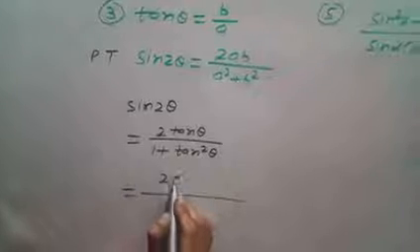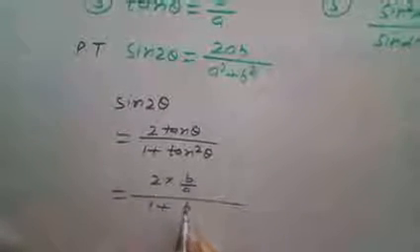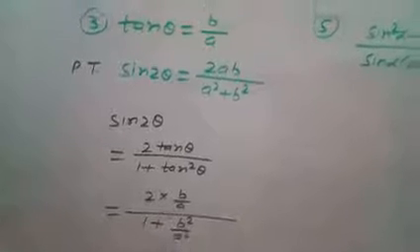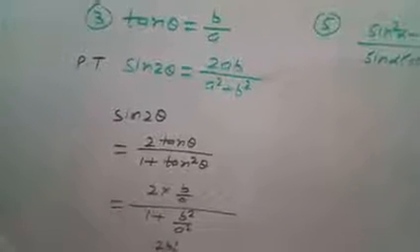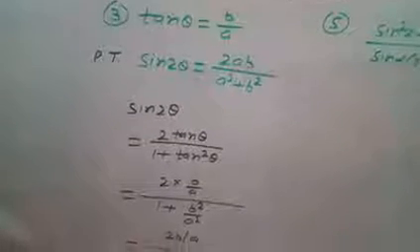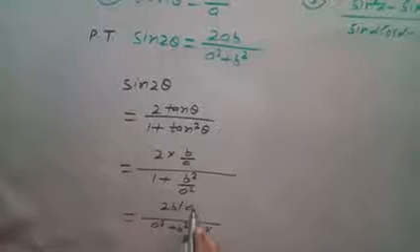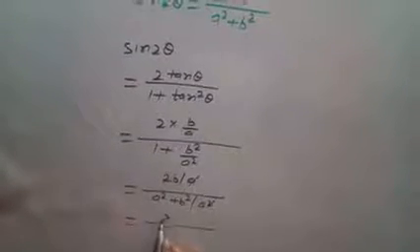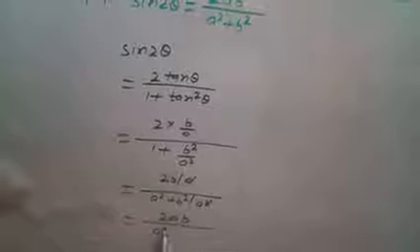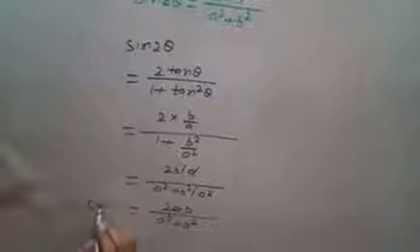So 2, the value of tan theta is b by a, and here 1 plus b square upon a square. So that is 2b by a, and here a square plus b square upon a square. Now this cancels out, and a will be in the numerator. So 2ab upon a square plus b square, and this is what we need to prove.